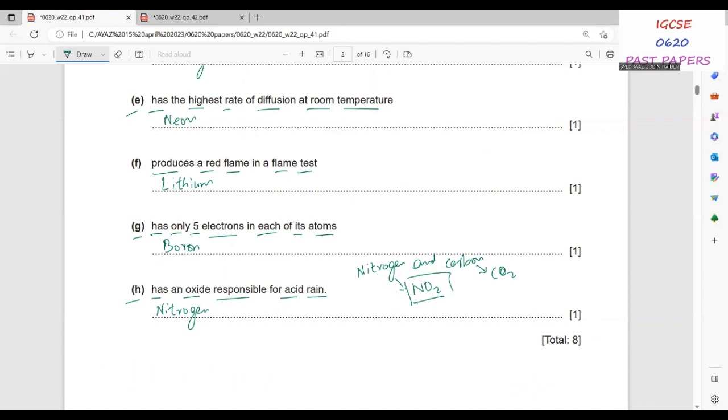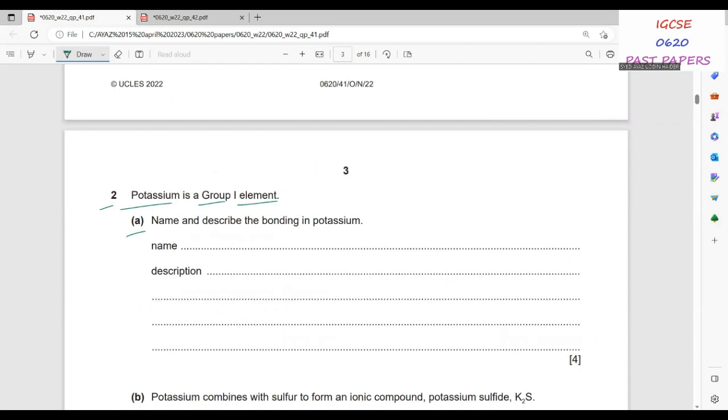Number 2, potassium is a group 1 element. A, name and describe the bonding in potassium. Potassium is a metal. So straight away the name of the bonding will be metallic. Now in the description, we'll talk about the lattice of metal ions.